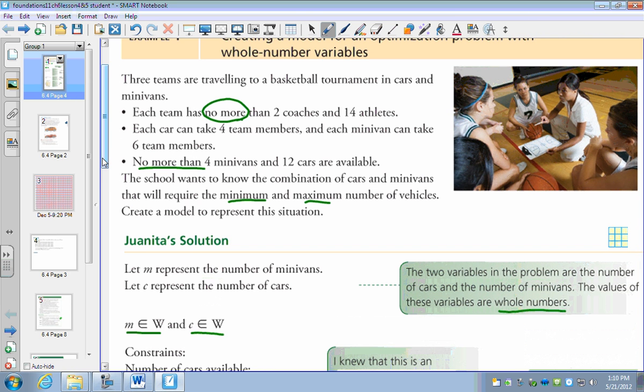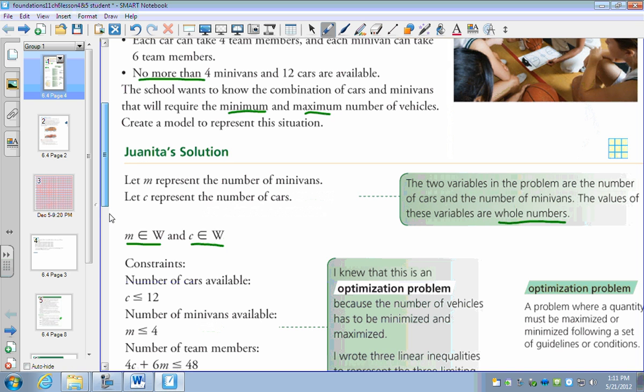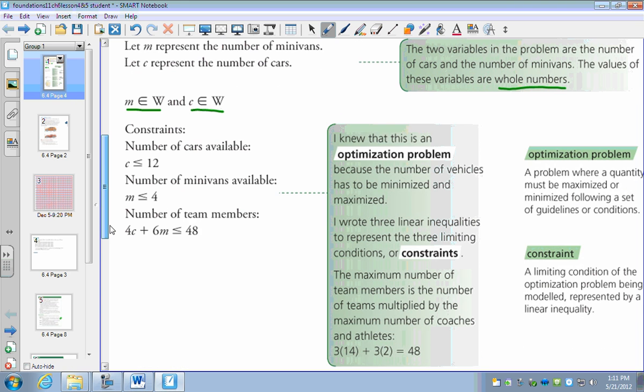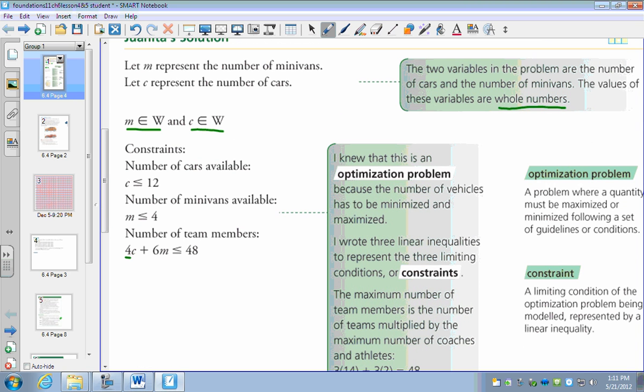Okay. Each team has no more than 2 coaches and 14 athletes. Each car can take 4 team members and each minivan can take 6. So what they did is they said each car can take 4. So 4 times the number of cars is the total number of players and coaches. And 6 times each minivan, since each minivan can take 6, is less than or equal to 48.